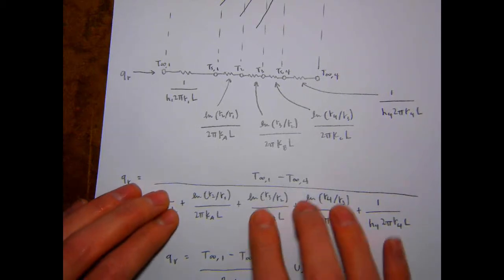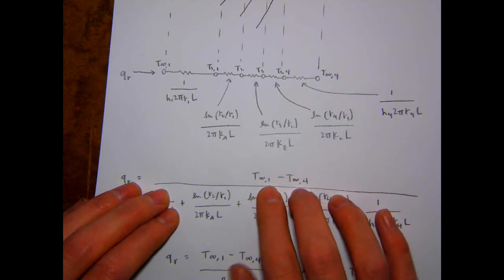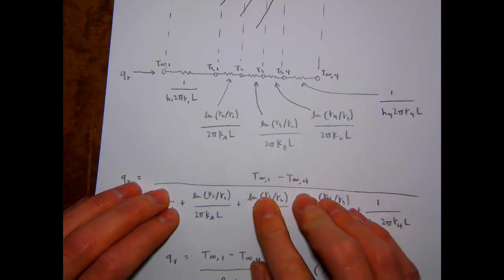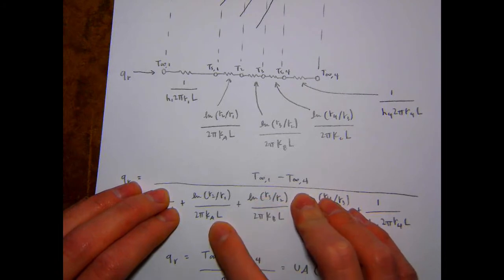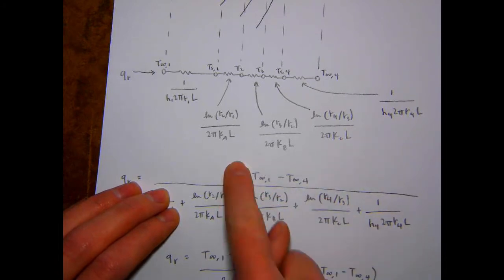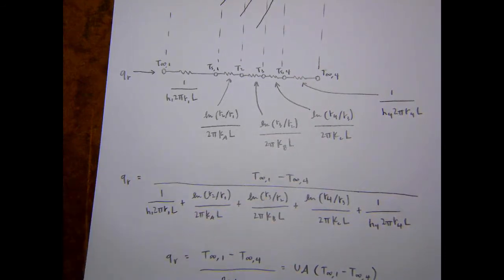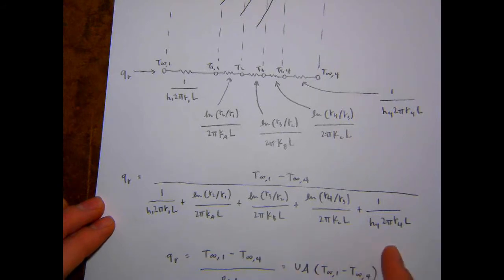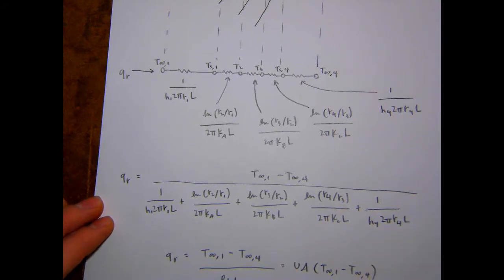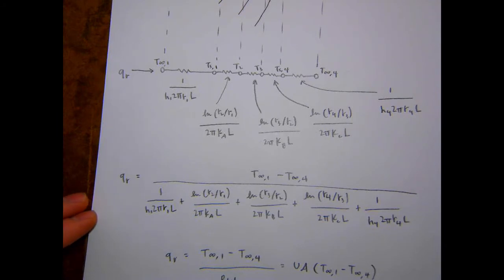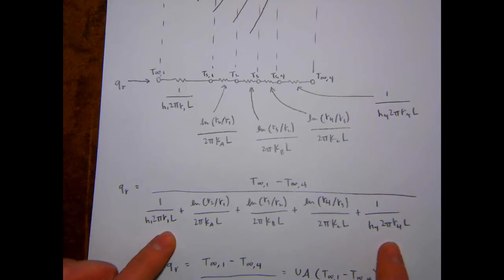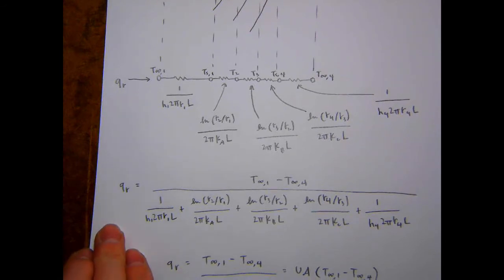You just don't have any of these terms, and then this total temperature difference is just the delta T, and then you have 2 pi Ka on the top, and the natural log of the radii on the bottom. So it's just expanding that out into a bigger expression for the heat transfer rate through all these different materials that have different thermal conductivities. And we can include convection in that because we know that the heat transfer rate is the same through all of the sections.